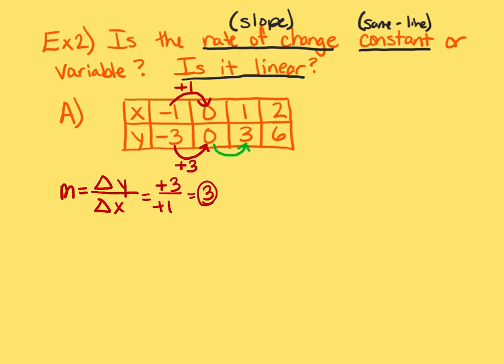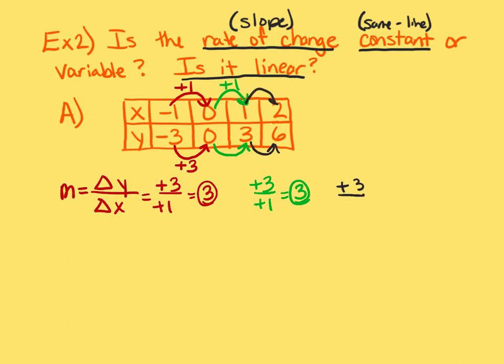We'll find from 0 to 3, it goes up 3. From 0 to 1, the x value, it goes up 1. Make sure you always say the change of y's over the change of x's, because that's what slope is, the rise over run. But we get 3 again. For our last one, the change of our y's goes up 3.